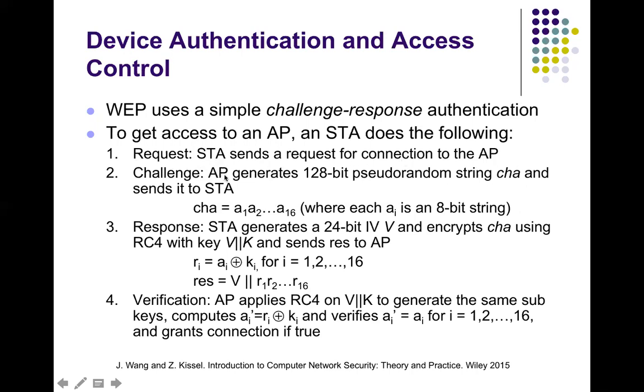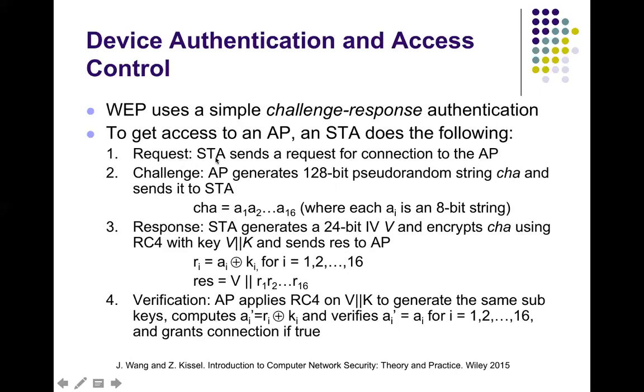The AP, upon receiving this request, generates a challenge. That challenge is a 128-bit pseudo-random string, let's call it CHA, and sends it to the STA.